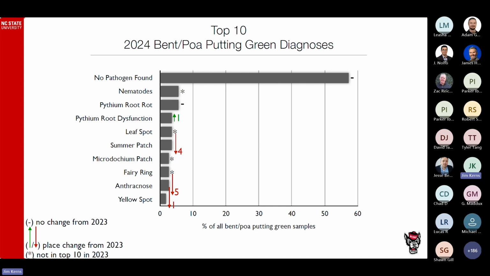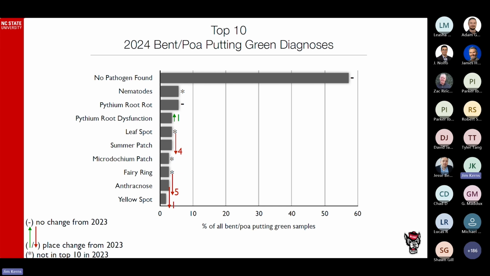Okay, next, which actually I think is pretty interesting to me, nematodes. There are so many places, and I know Zach and I have had this discussion over and over again in turf, that people don't think these are an issue, and yet you notice it wasn't even in the top 10 in 2023.